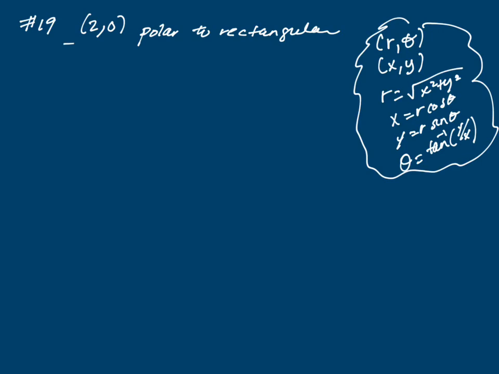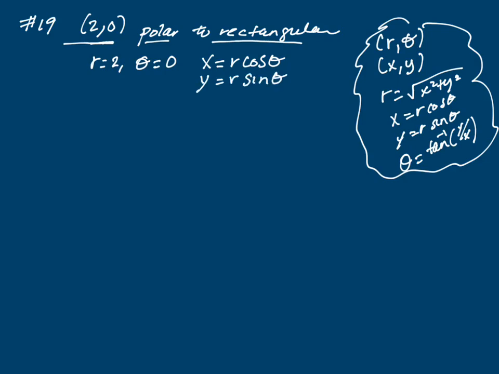So the first thing, number 19, says go from polar to rectangular. And it looks like this is a rectangular, but it actually says it's polar, so that means that r equals 2 and theta equals 0. So I will just use my x equals r cosine theta and y equals r sine theta to do this in rectangular.